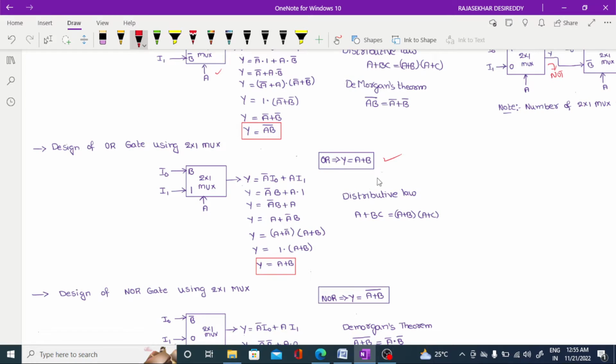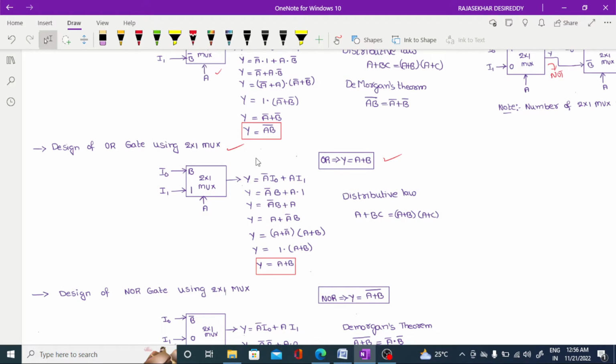Whether we are getting it or not, just check here, substitute in the formula, then apply some theorems and reduce the expression: a bar into b plus a. So apply the distributive property, so this will become a plus a bar into a plus b. Then a plus a bar equals 1. So finally a plus b. Hence with the help of a 2 by 1 mux we can also design the OR gate.